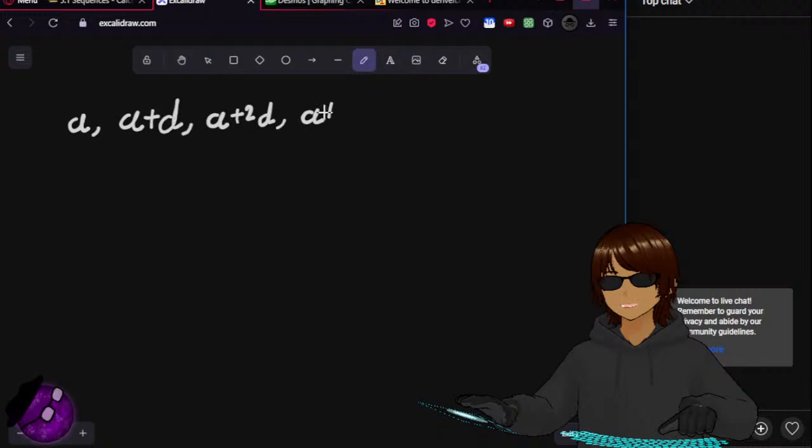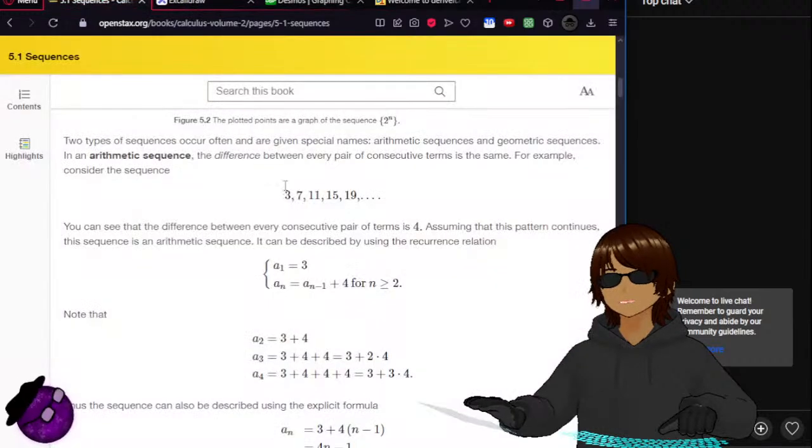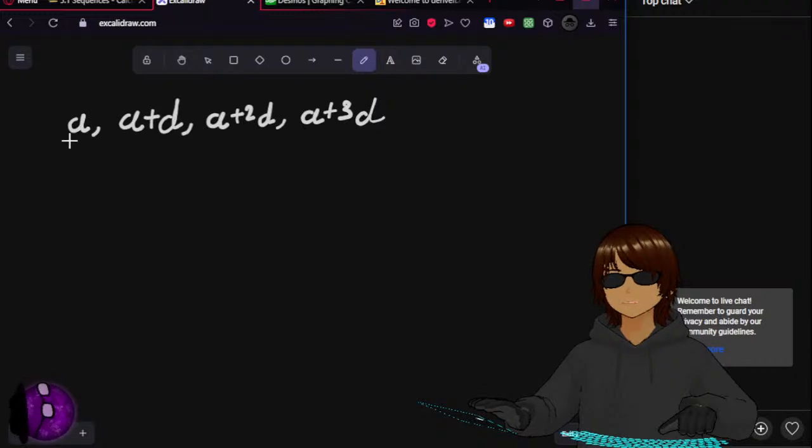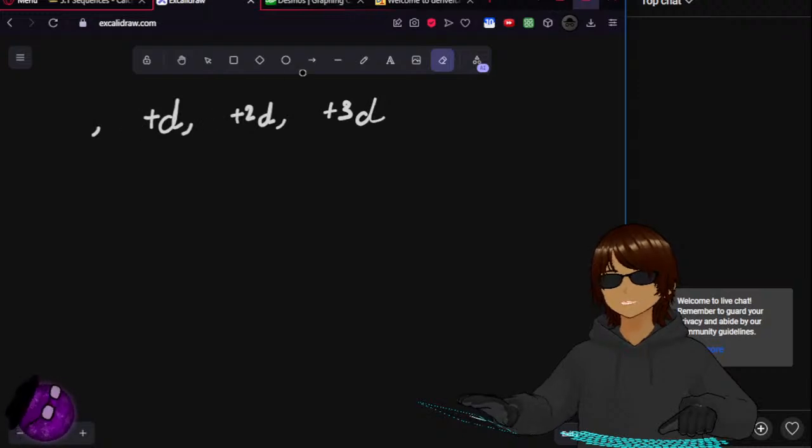And then a plus 3d. They're using a_n to represent a term, right? This would be a_0. Let me use something else. How should I represent the first term?